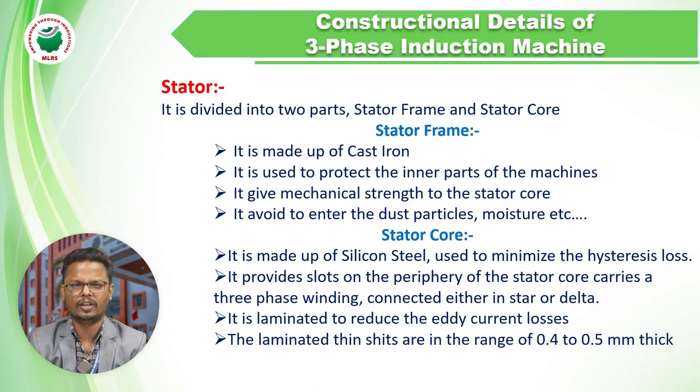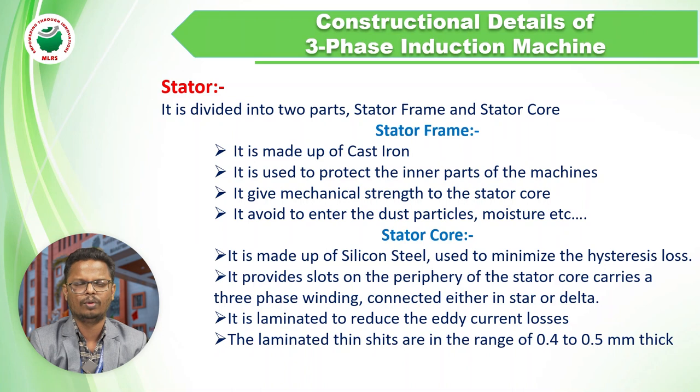Another one is the stator core. This stator core is laminated to reduce the eddy current losses, and it is made up of silicon steel. We use silicon steel to reduce the hysteresis losses, and lamination to reduce the eddy current losses.